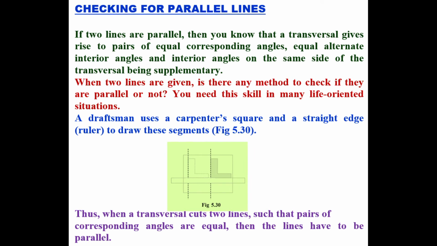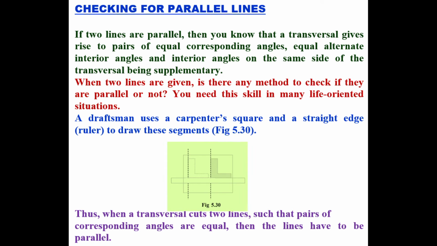Now, checking for parallel lines. If two lines are parallel, then you know that a transversal gives rise to pairs of equal corresponding angles, equal alternate interior angles, and interior angles on the same side of the transversal being supplementary. When two lines are given, is there any method to check if they are parallel or not?